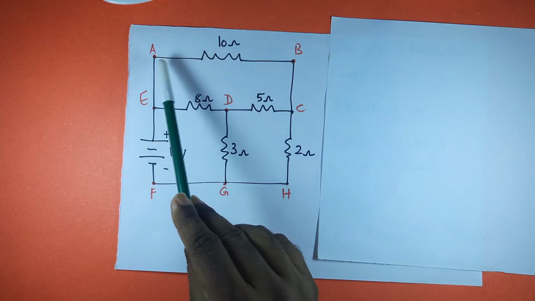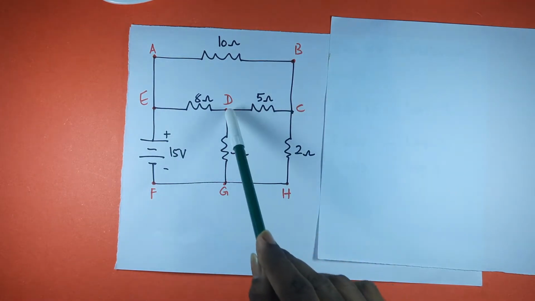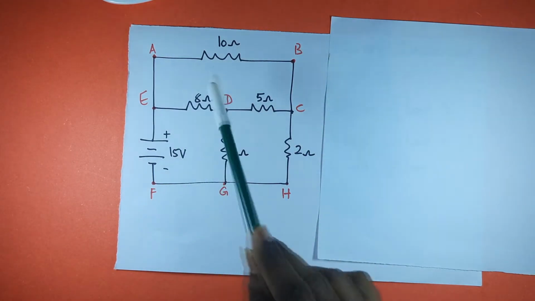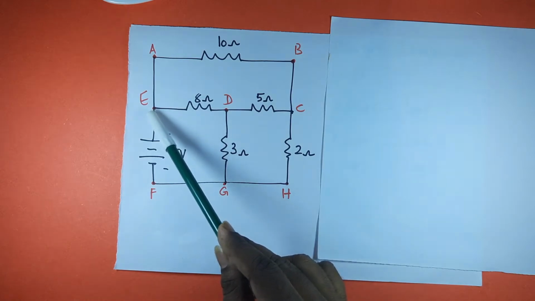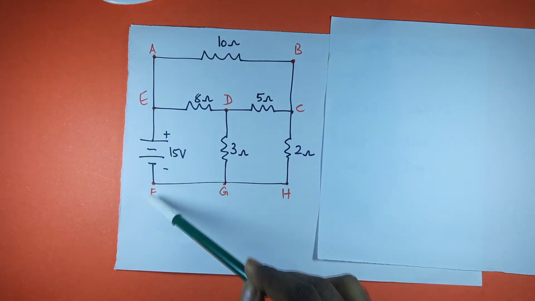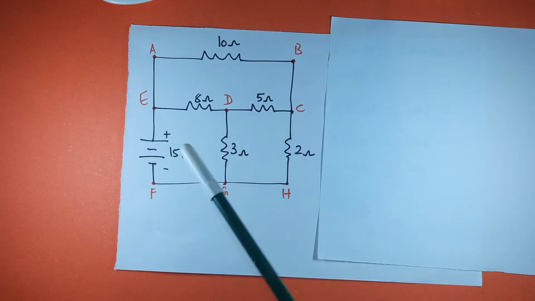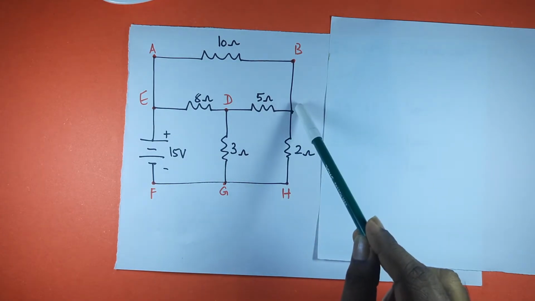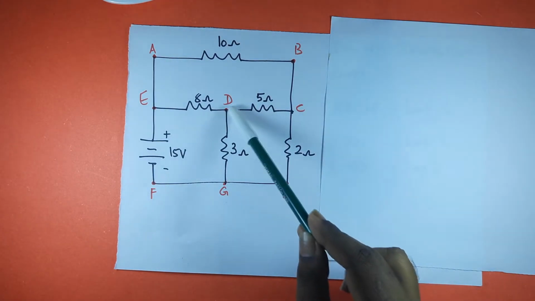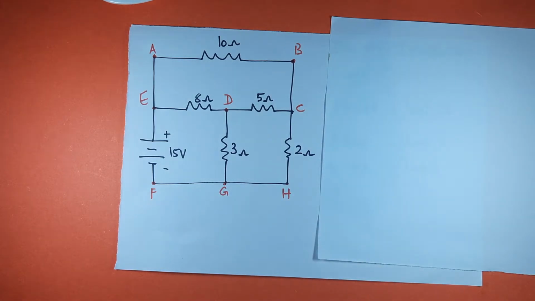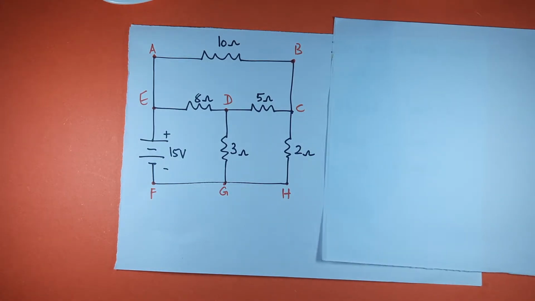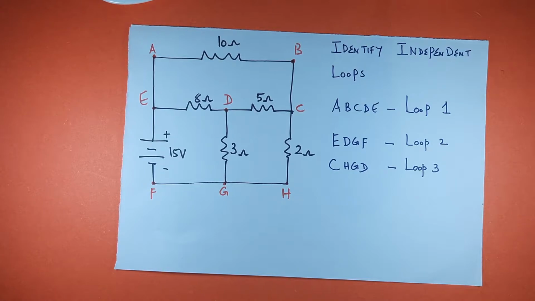So A, B, C, D, E, this is one independent loop. E, D, G, F, E, this is another independent loop. D, C, H, G, D, this is another independent loop. So the first step is to identify independent loops in the given circuit.